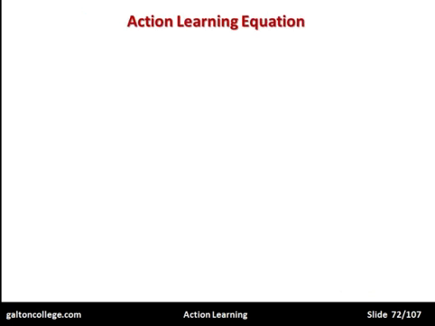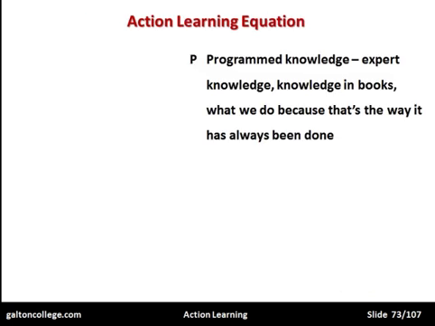Now let's turn to the action learning equation, as it's called. First of all, we have programmed knowledge, expert knowledge, knowledge in books, what we do because that's the way it has always been done. So it's programmed knowledge. It's what we have acquired through learning. We have picked it up from study at school and at college and so on, and we have expert opinion, and we have learnt this.